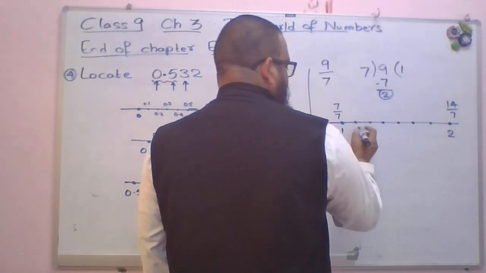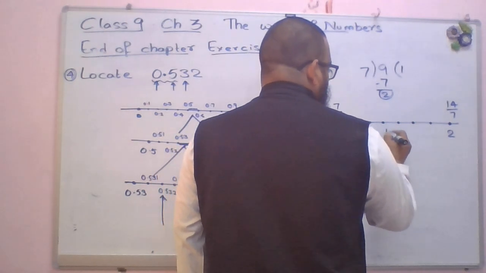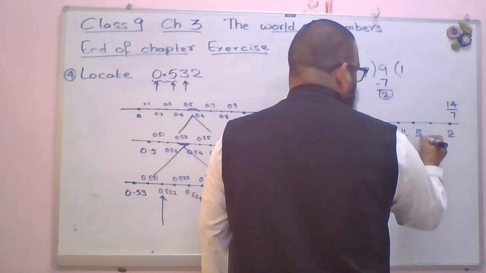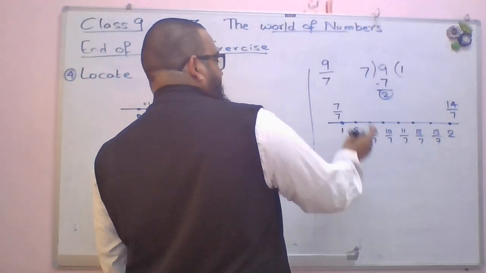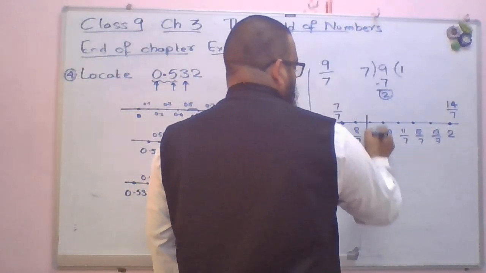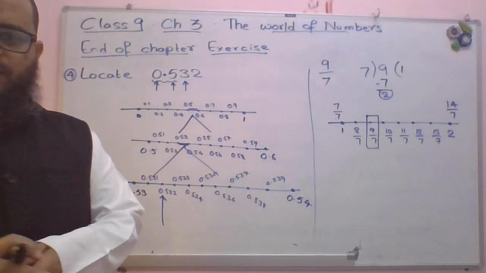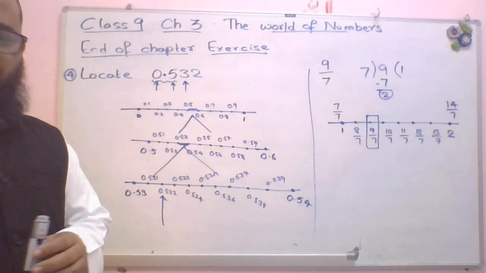Starting from 7 by 7, what is this? 8 by 7, 9 by 7, 10 by 7, 11 by 7, 12 by 7 and 13 by 7. Now tell me, where is 9 by 7? So this is 9 by 7. This is how we locate decimals or fractions on the number line.